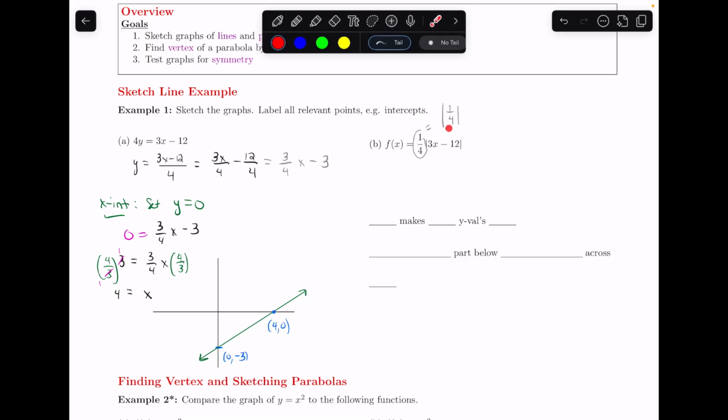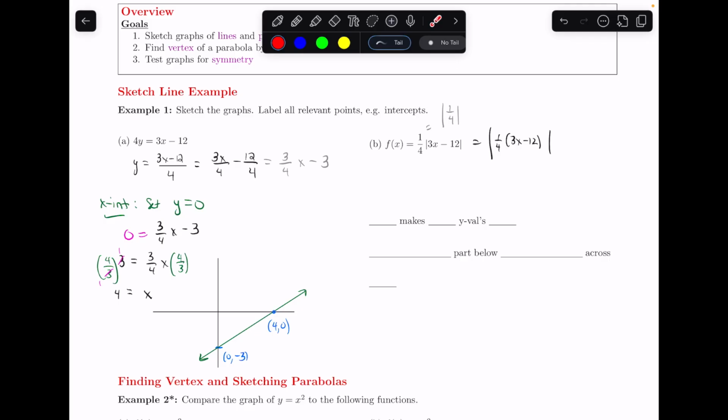And if I have the absolute value of something times the absolute value of something, I get to write that as one absolute value and multiply those two terms together. So I get the absolute value of 1/4 times 3x minus 12. But that's the exact same function that I have here. I'm just taking the absolute value of the whole thing.